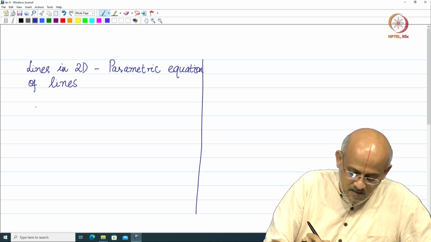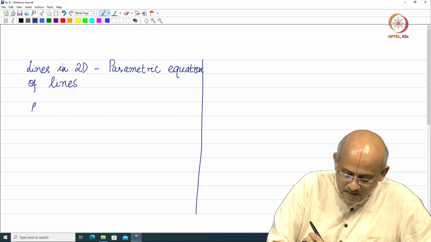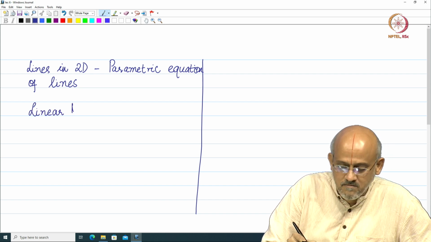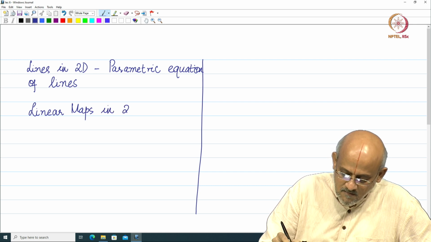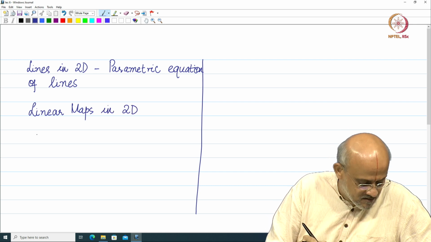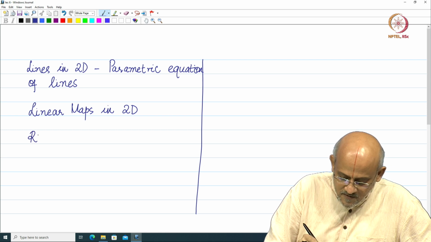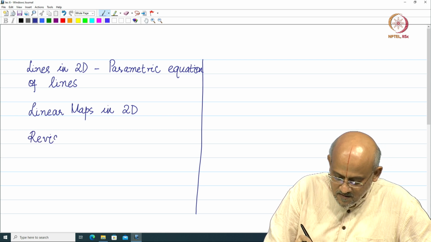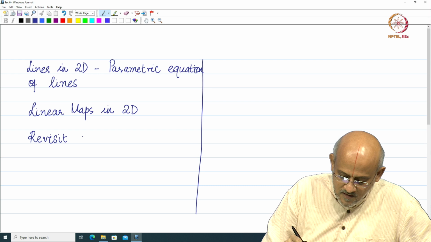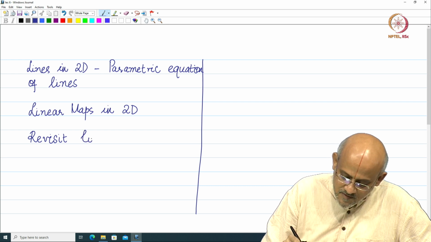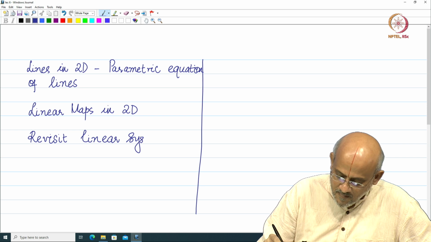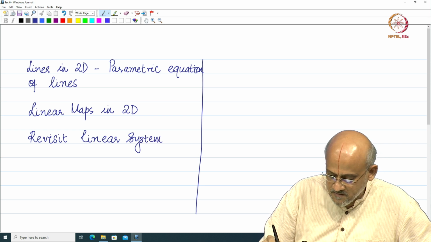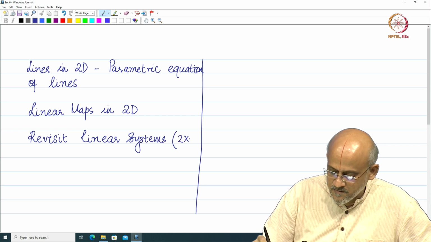followed by we are going to look at linear maps in 2D. We are going to revisit linear systems of equations, let us say linear systems 2 by 2.